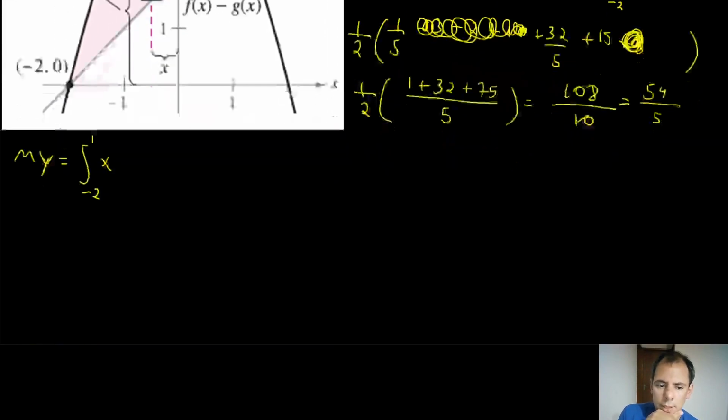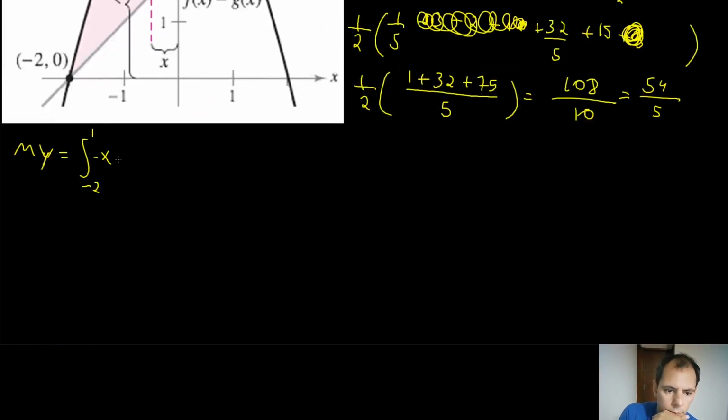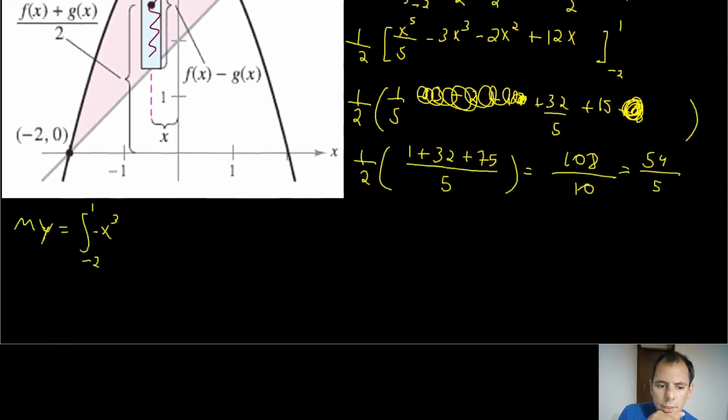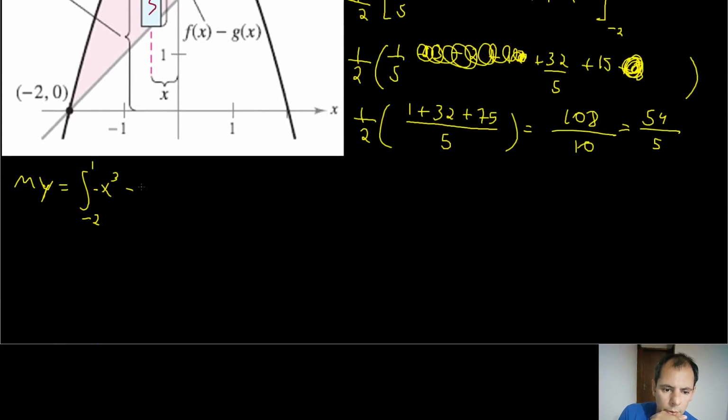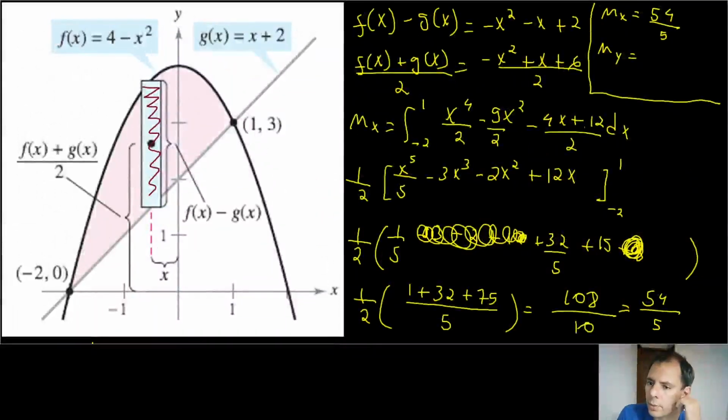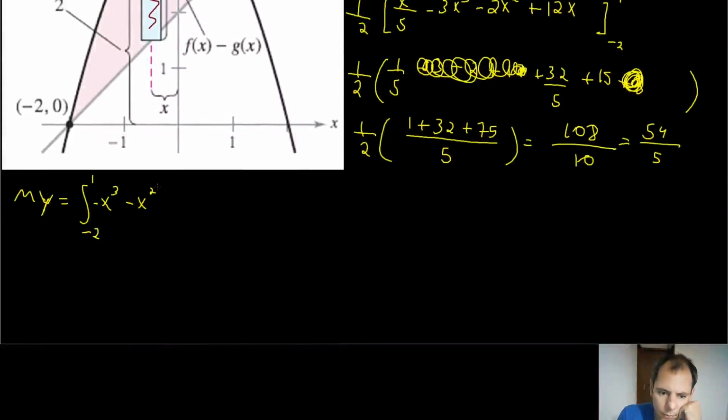So it'll be minus x cubed minus x times minus x squared. Hold on. Minus x cubed minus x squared plus 2x plus 2x dx. Let's do that.